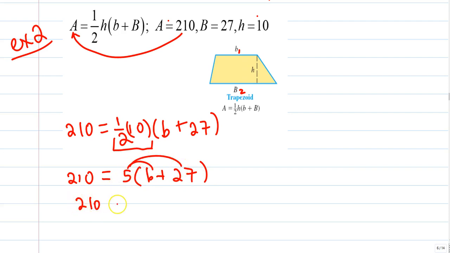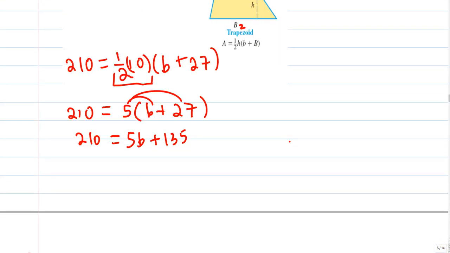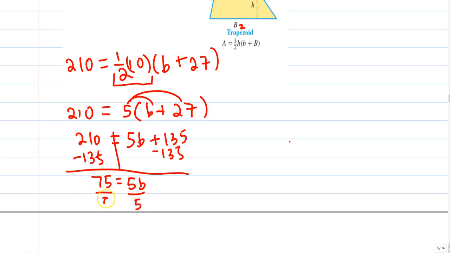So 210 is equal to 5b plus 135. I go to subtract that away. We end up with 75 is equal to 5b. And if I divide by the 5, I get that base must be 15.